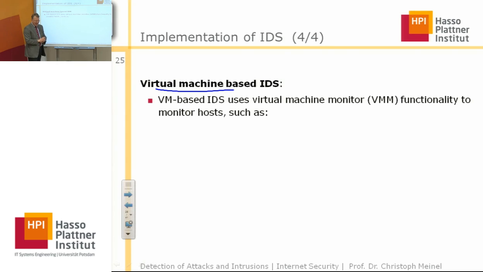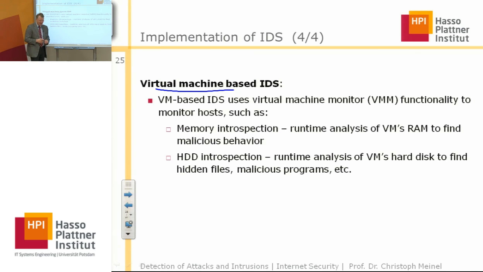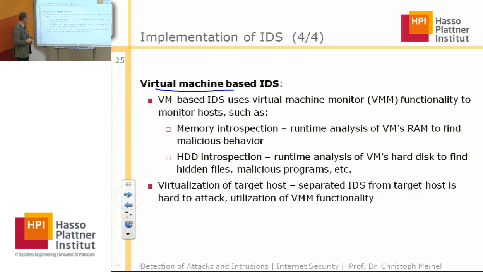Such a VM-based intrusion detection system, as the name says, uses virtual machine monitor functionality to monitor hosts, such as memory introspection, so runtime analysis of the VM's RAM to find malicious behavior, and hard disk drive introspection, so the analysis of the virtual machine's hard disk to find, for example, hidden files or malicious programs.